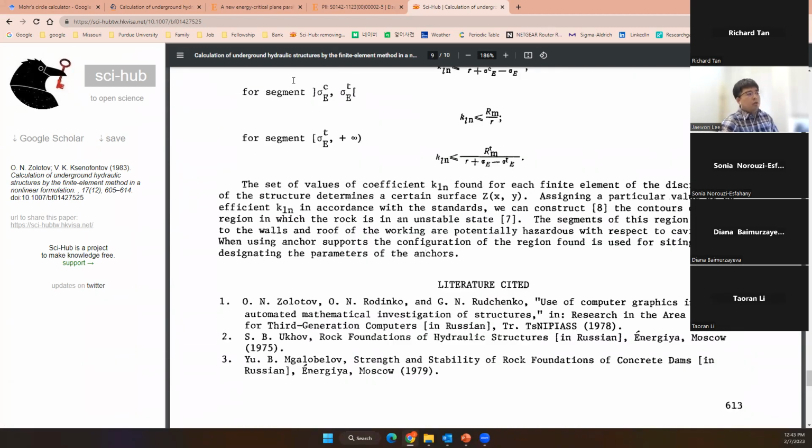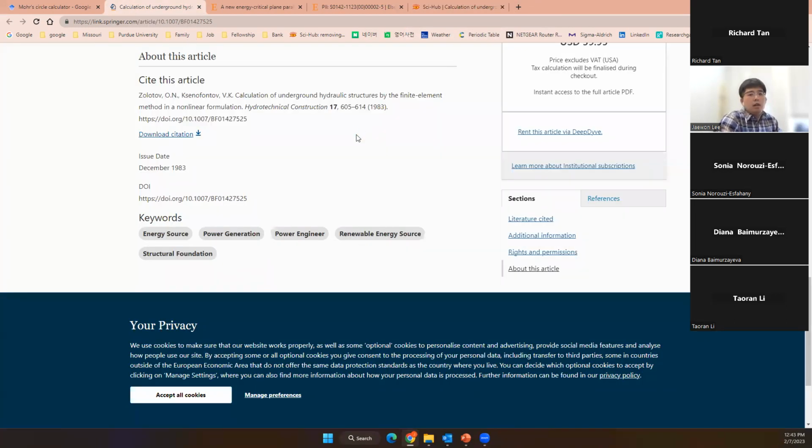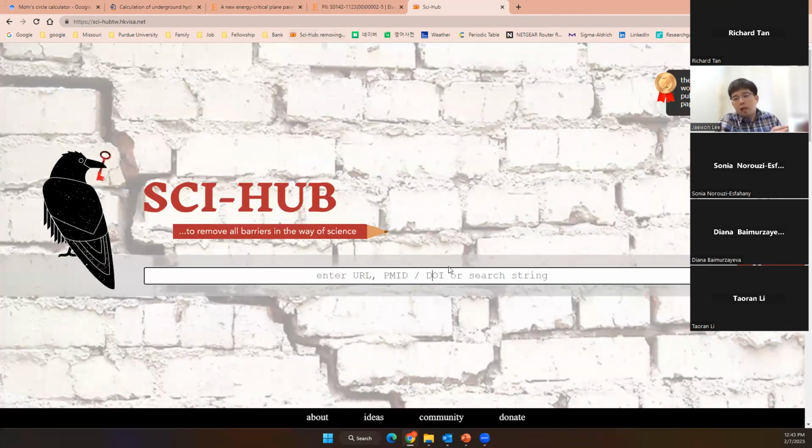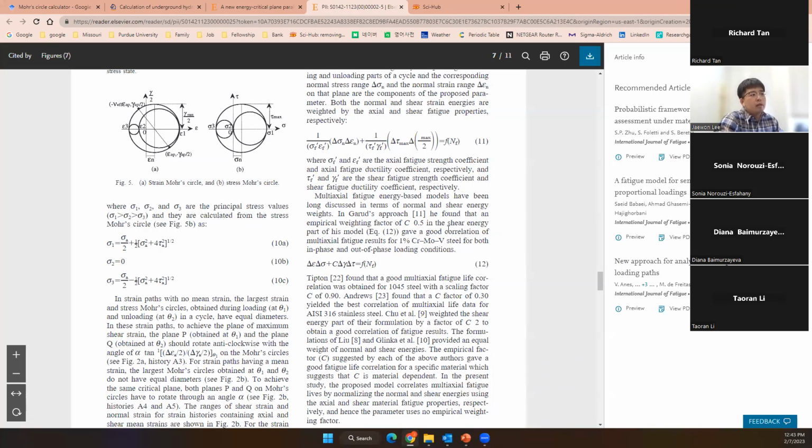I think when you search the papers at your home, since you use the home internet service, you cannot download the papers. At the time, you can use this one and type the DOI, and then you can get the papers.